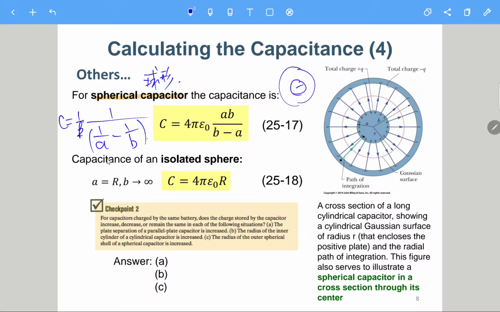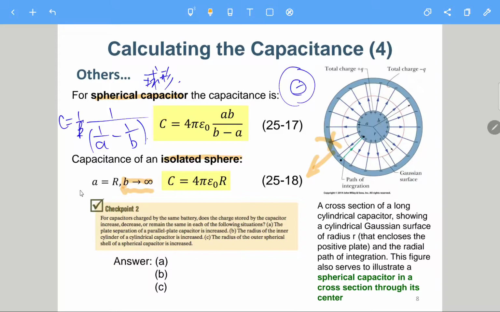And here is a special case. If we have an isolated sphere, which means that we make B tend to infinity, B tending to infinity means that this one is taken away. Just remove this outer shell.